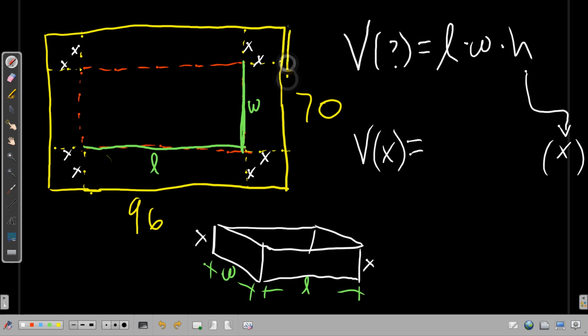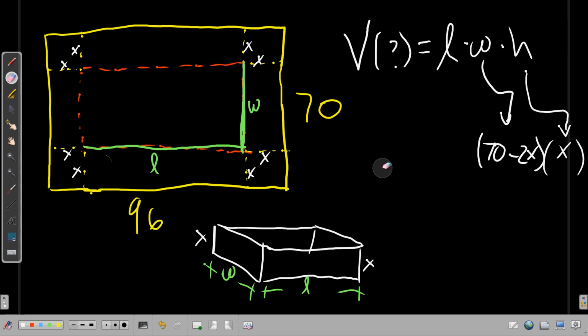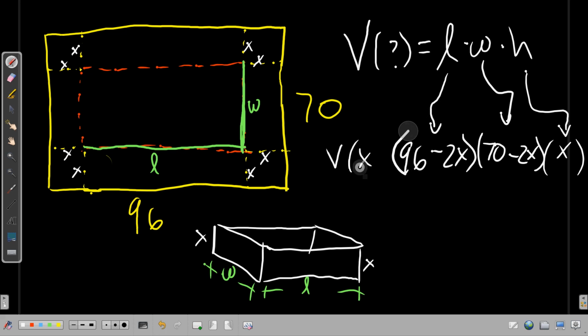That width will be this entire 70, take away the x on each end, and you'll just be left with the width. And in the same fashion, my length would be 96 minus 2x.